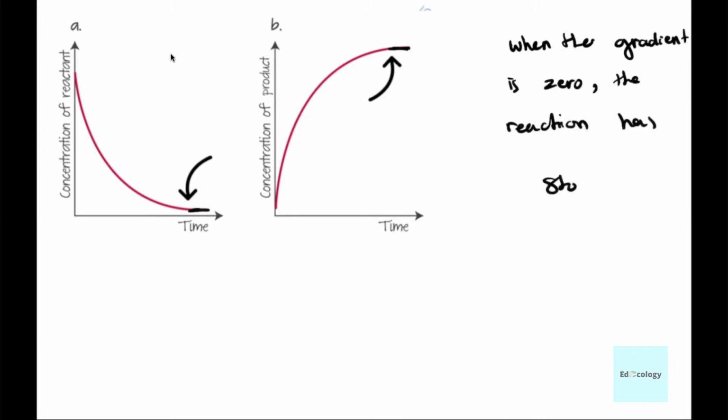So in other words, when the line or the curve becomes perfectly horizontal, that means that the reaction has stopped.